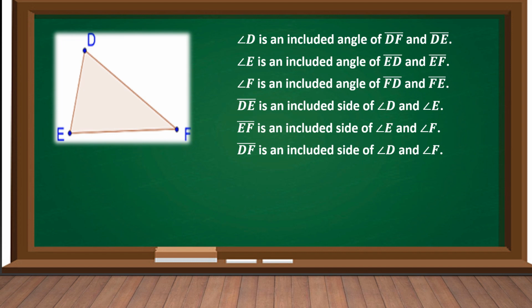However, you don't need to show all these 6 to prove that the two triangles are congruent. Using these 4 congruence postulates, we will learn how to prove that two triangles are congruent.